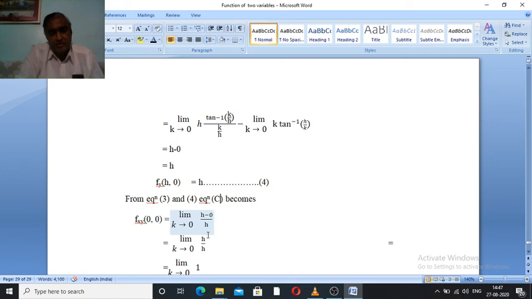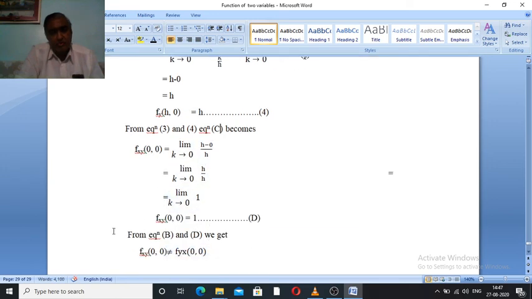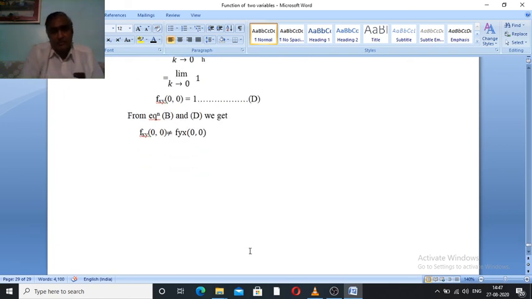H minus 0 is h, h upon h is 1. The limit of 1, 1 is constant with respect to limit, therefore we write directly f_xy at origin is equal to 1. From B and D, we get f_xy at origin is not equal to f_yx at origin. Thanks.